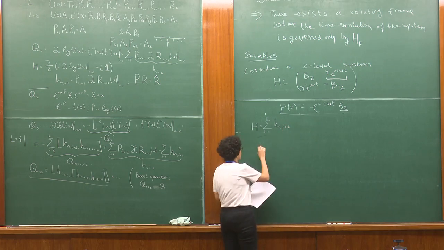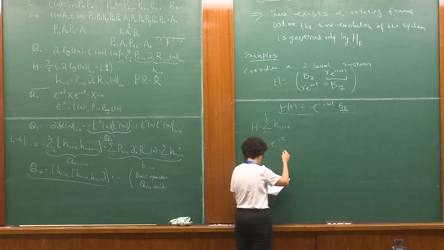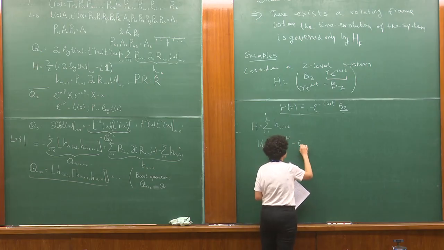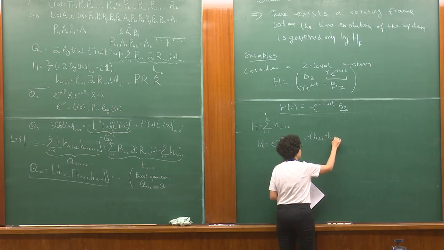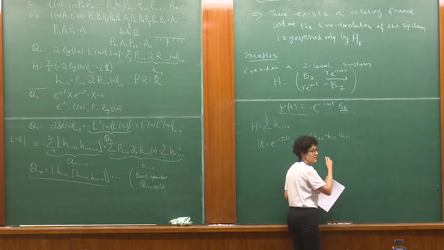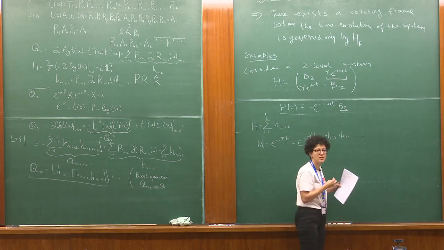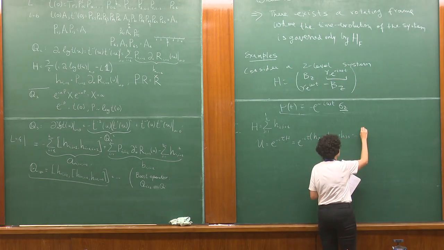Then we can consider U as e to the minus i tau H. And we can write H explicitly, so this is e to the minus i tau (h12 + h23 + h34 + ...). I think we also saw this. This is called the Trotter expansion. We also saw it in some of the tutorials by Giacomo, and maybe in some other lecture as well.